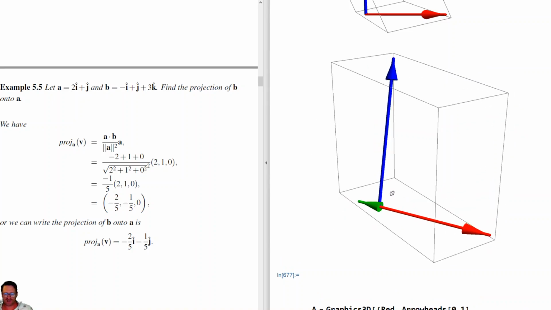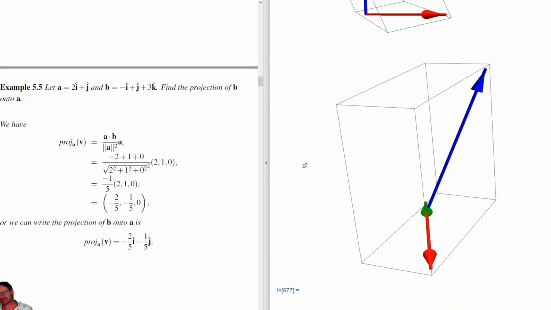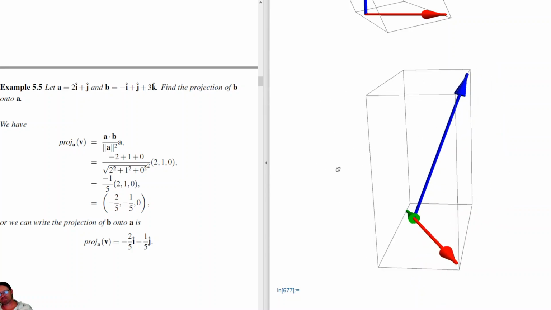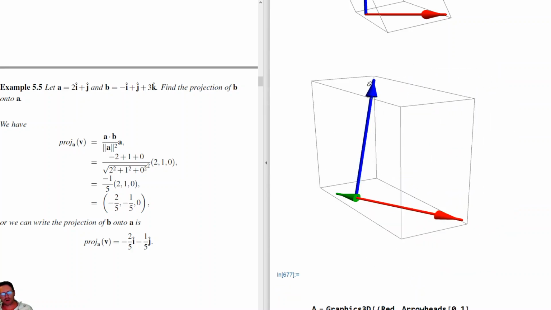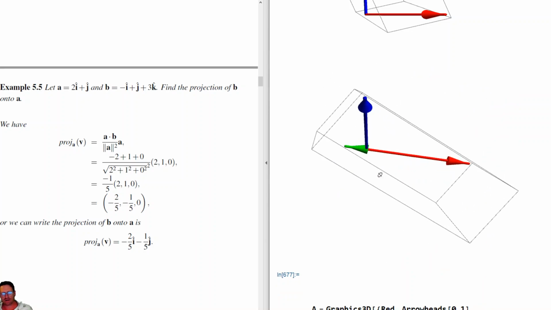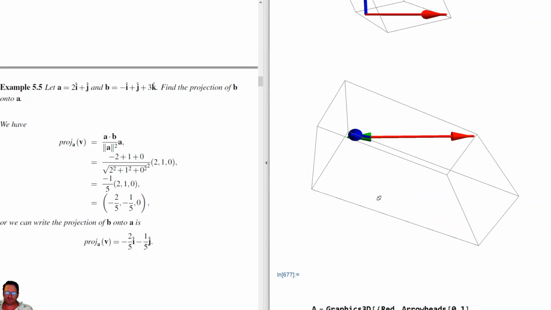So if I rotate this around, it's perhaps clearer that that's what it is, you see? Let's have a look from pointing down from the blue arrow. All right, so it's just like this. It's the shadow of blue onto A.